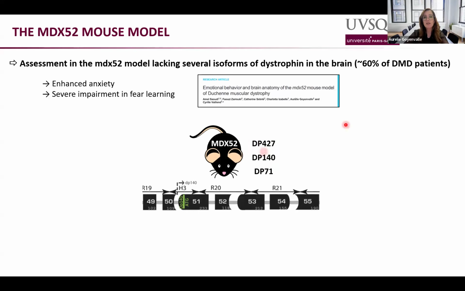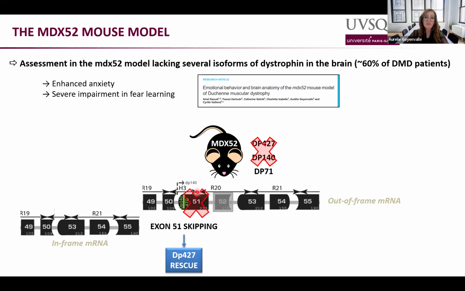Molecularly speaking, this is also an interesting mouse model because the deletion of exon 52 is amenable to two different possibilities of exon skipping. You can either induce exon 51 skipping, and in that case you would restore only the DP427.